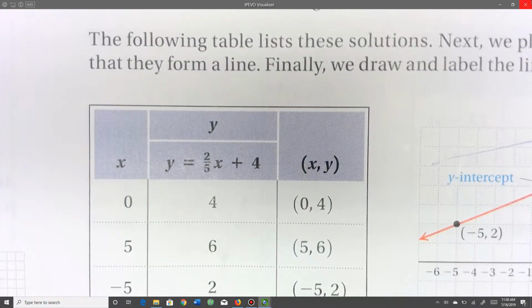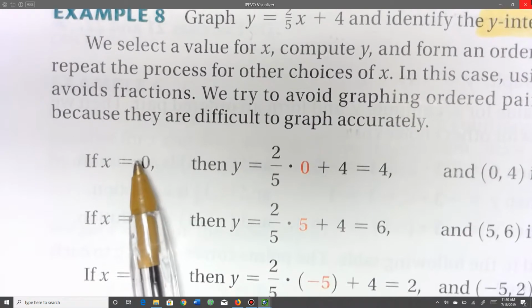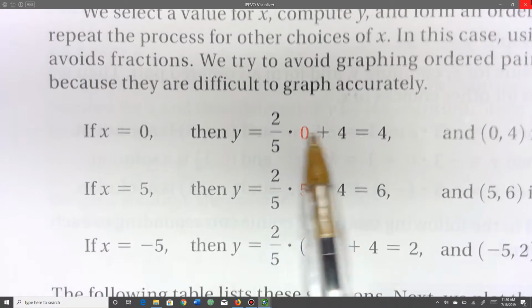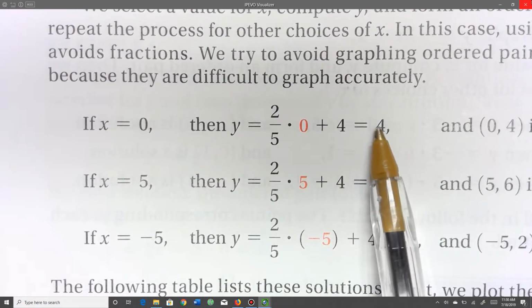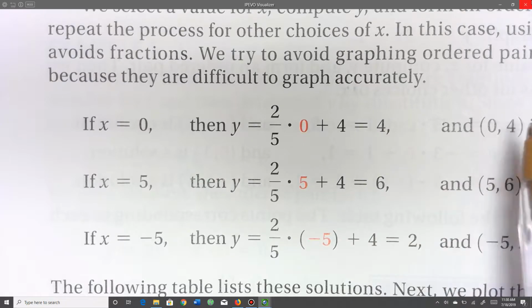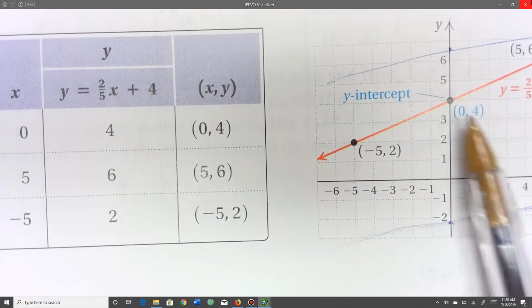which is exactly what we did here. So we plugged in 0 for the x into the variable, and we got a y variable of 4, or the ordered pair 0, 4, and that was our y-intercept.